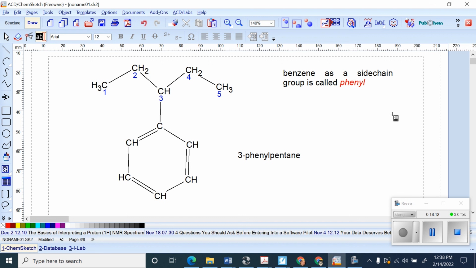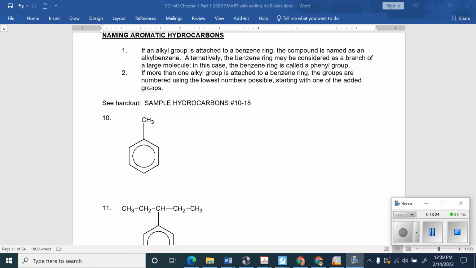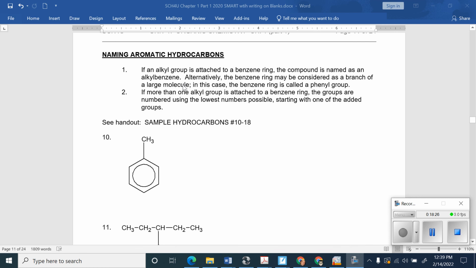Okay, let's go over to the note now. We're going to follow along the note and also the handout that was given to you. We're going to look at those compounds. So considering the note right now, it's beginning at naming aromatic hydrocarbons. If an alkyl group, like methyl, propyl, ethyl, etc., is attached to a benzene ring, the compound is an alkyl benzene.